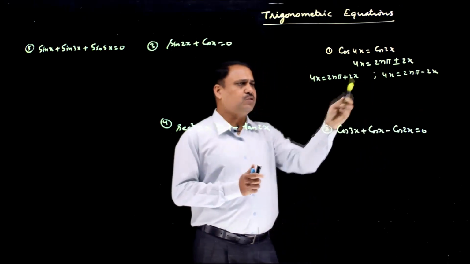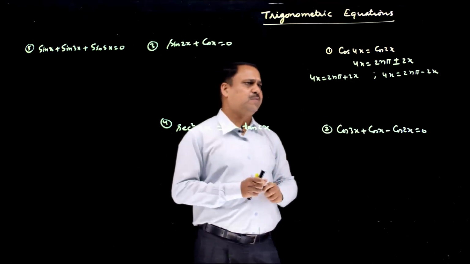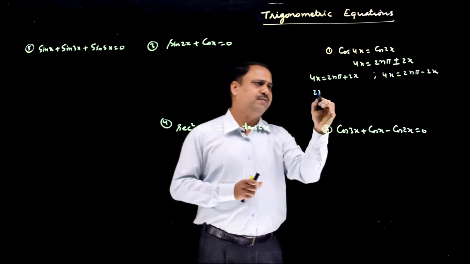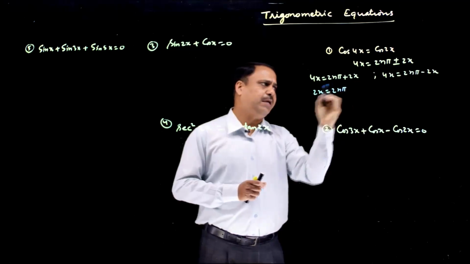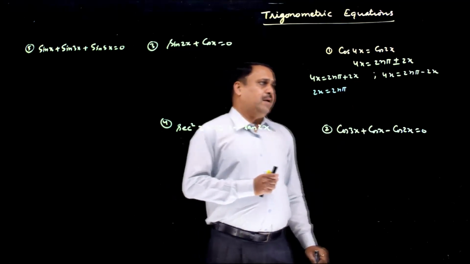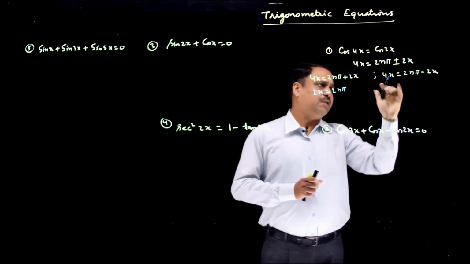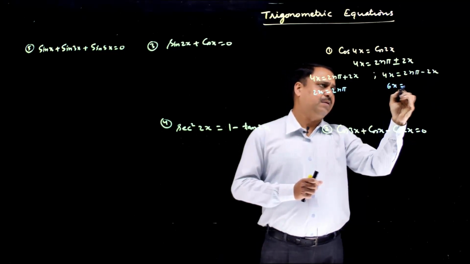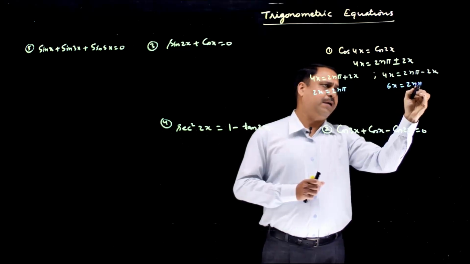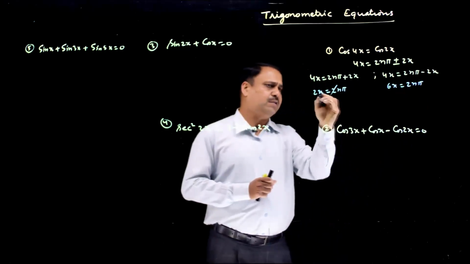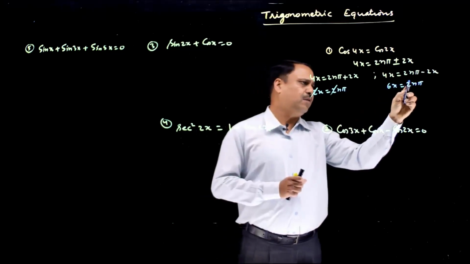If I transfer this 2x this side, this will cancel, this will become 2x is equal to 2n pi, and this can be written as, this will be 6x is equal to 2n pi. So from here 2 will cancel out, from here this will cancel out 3.